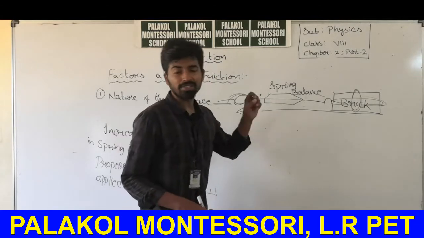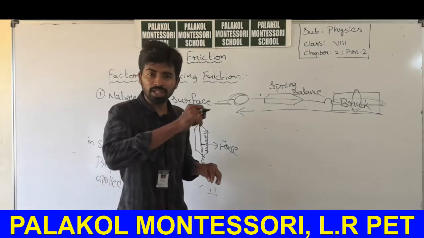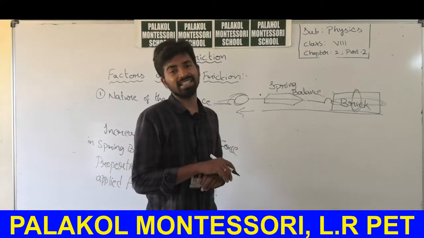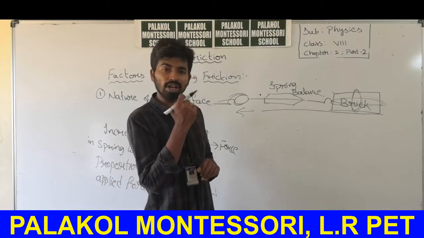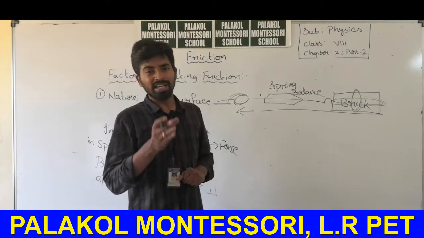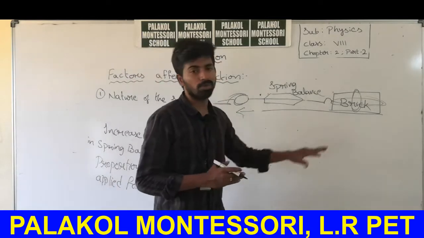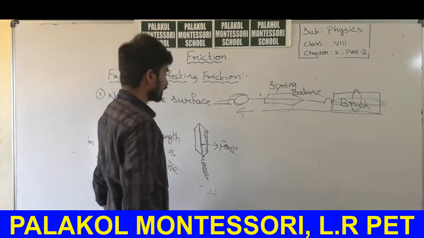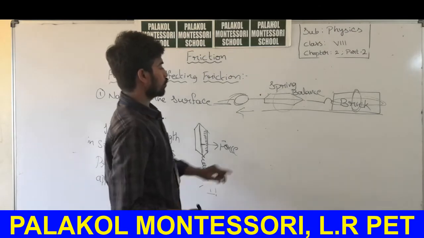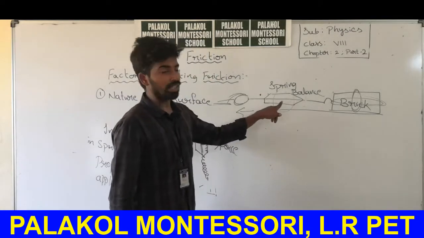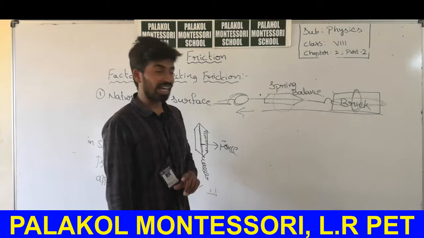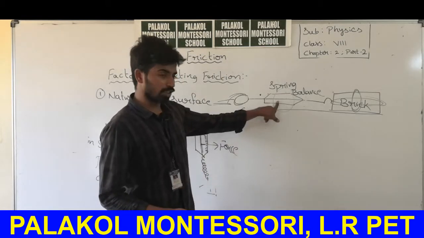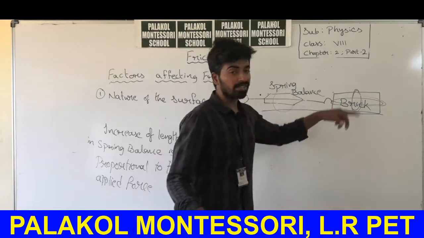Slowly apply force; if the brick does not move, just increase the force again, slowly. For the force at which the brick starts moving, just take the reading of that force. You can find the force value in the spring balance. You are calculating the maximum static friction value, so you need to take the force value when the brick starts moving.